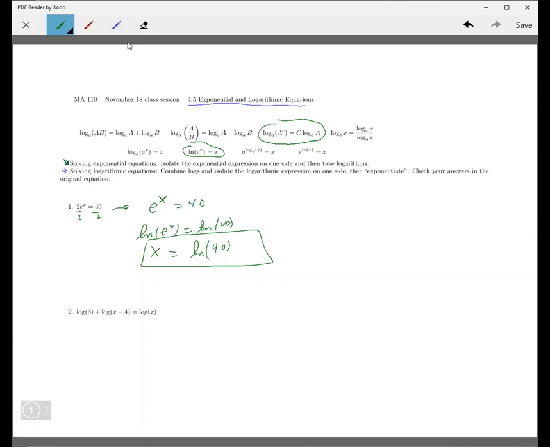Wait a minute. Whoa, my division skills are not very good. 40 divided by 2 is 20. This is embarrassing, the first time I ever made any mistake in my life. There we go. So x is the natural log of 20.